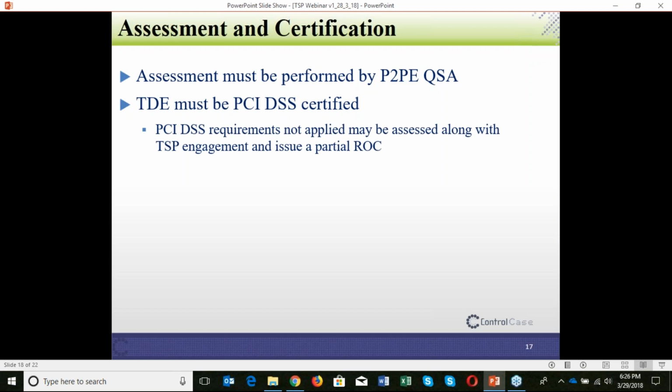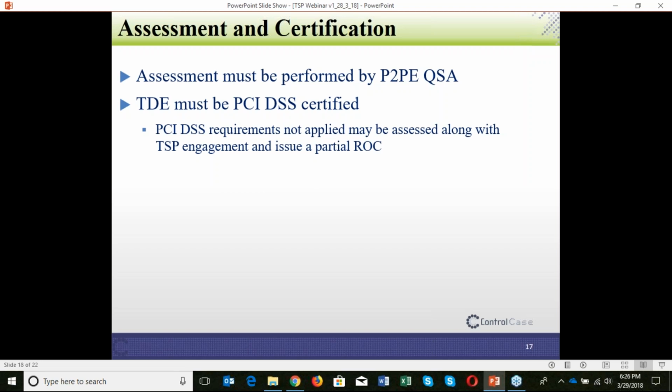For example, the development process. During the certification, the entity may say that we don't have any internal development, so the PCI DSS may not cover requirement 6. However, moving forward, they decided to move with development of TSP, the application, as we have seen, APIs. Therefore, now requirement 6 starts to be in scope.